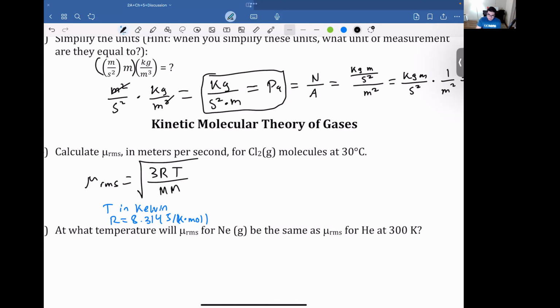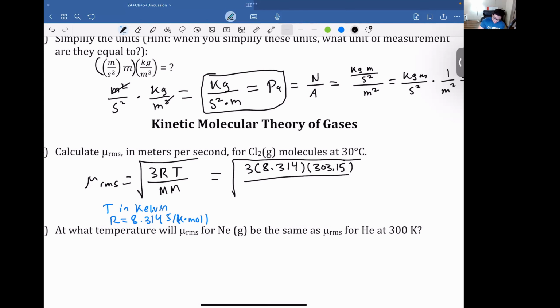So we go ahead and plug this in. 3 times 8.314. I'm just going to leave out the units. Times 303.15 over the molar mass.